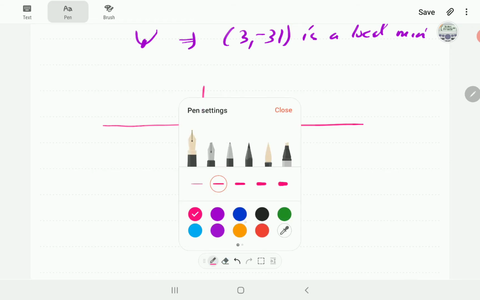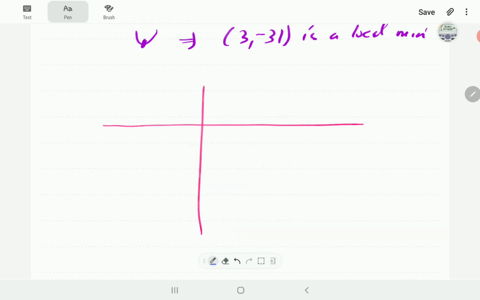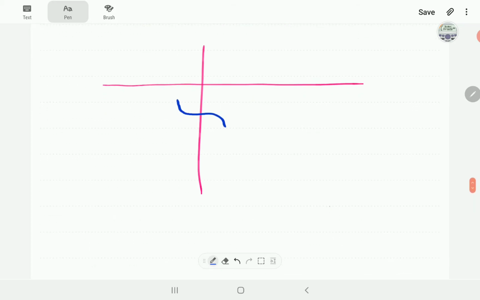like as follows. At (0, -5), we have a point that looks like this. Then at (3, -31), we've got a point that looks something like this. So we can join these two, and our curve is going to look something like that.